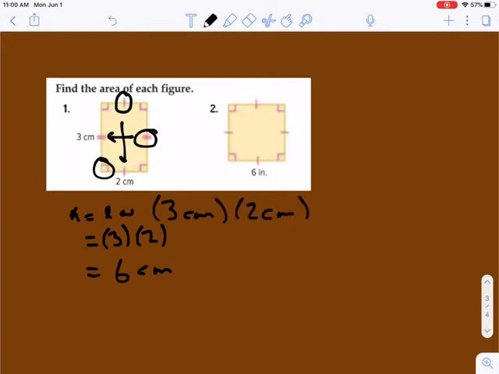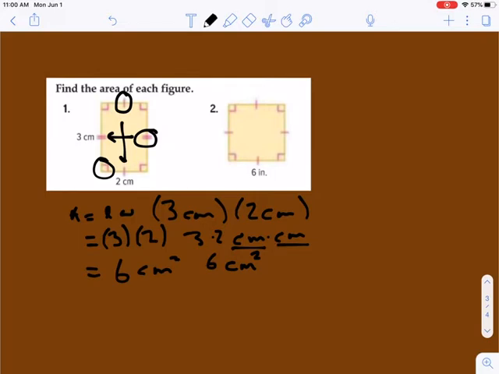You multiply the 3 times 2, and then you have a centimeter times a centimeter. If you think of this as a variable, whenever you have a variable multiplied by itself, it becomes squared. So it would be 6 square centimeters.